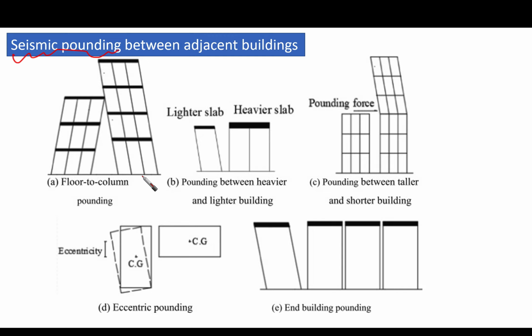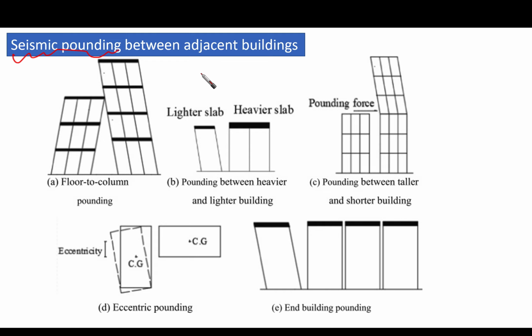Because the structures move under the ground excitation, each structure is going to respond in a different way to the seismic ground excitation. So in some cases the separation between the buildings is very small and they are working out of phase.